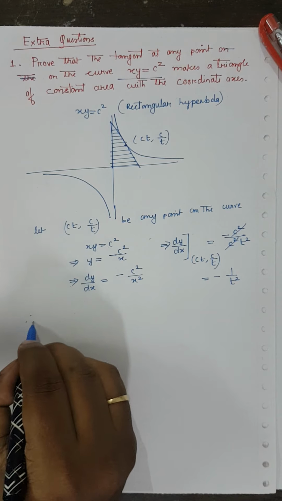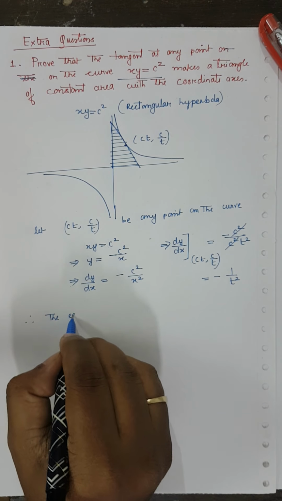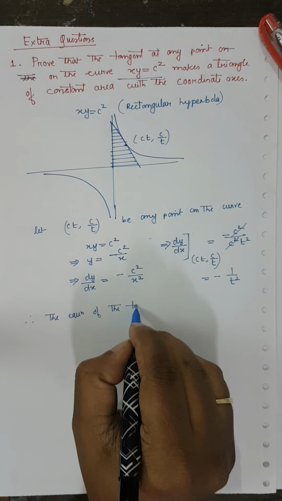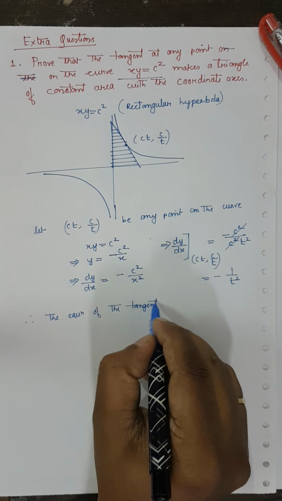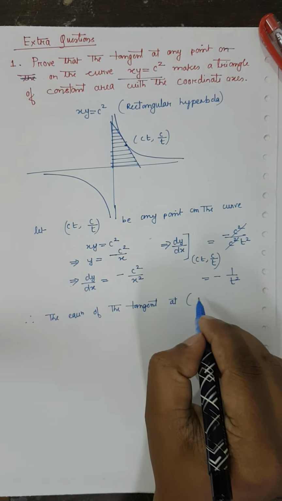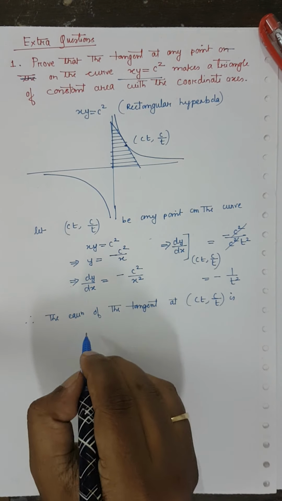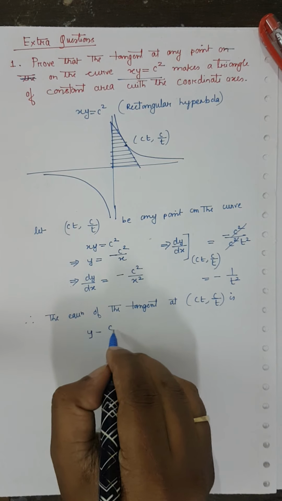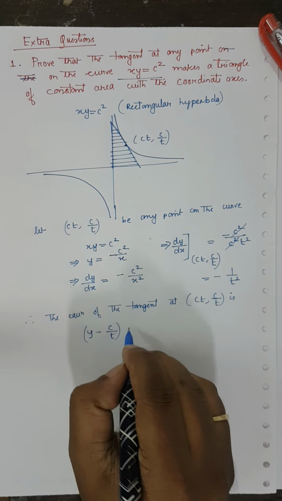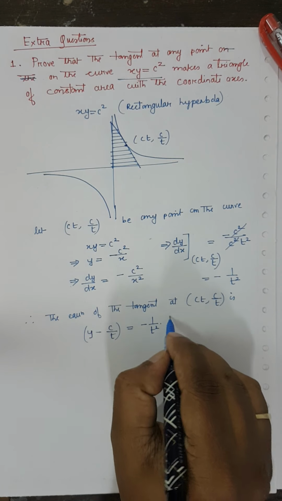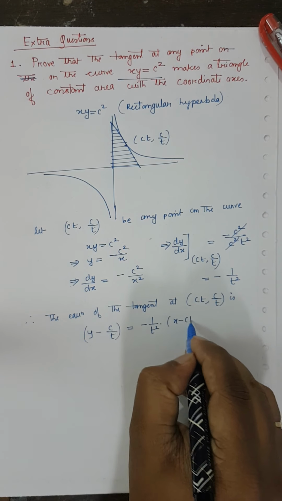Now if I draw a tangent, the equation of the tangent at (ct, c/t) is y − c/t = (−1/t²)(x − ct).